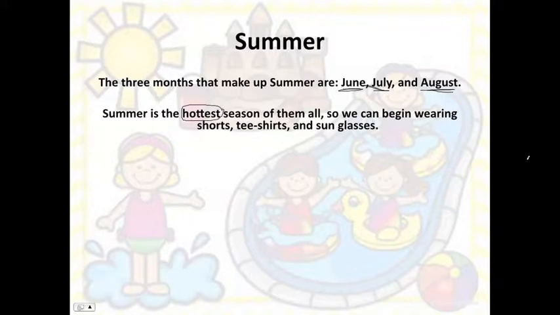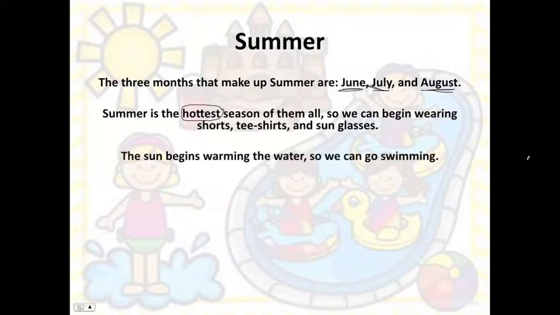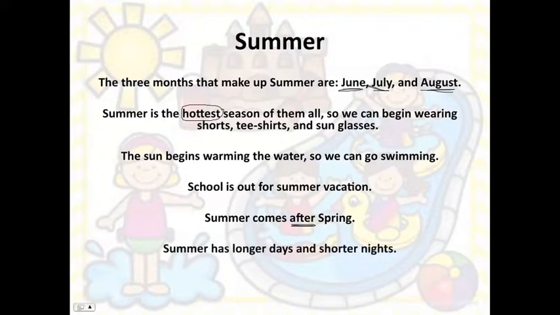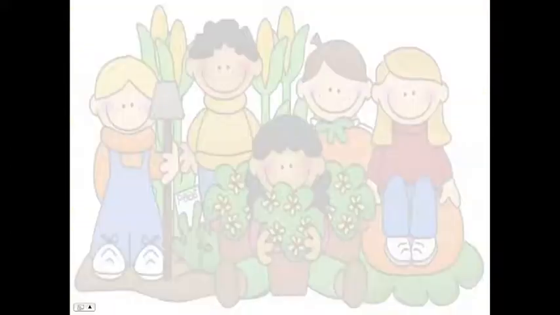So we can begin wearing shorts, t-shirts, and sunglasses. The sun begins warming the water so we can go swimming. School is out for summer vacation. Summer comes after spring. Summer has longer days and shorter nights.